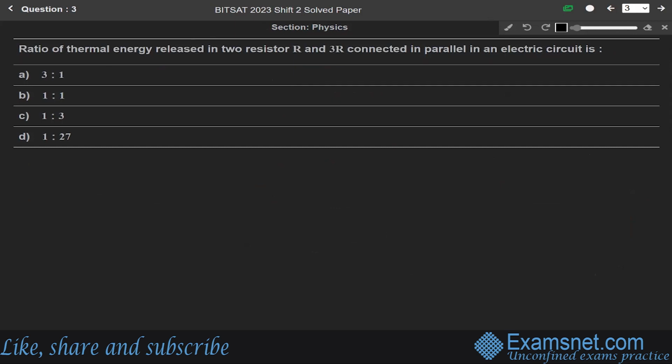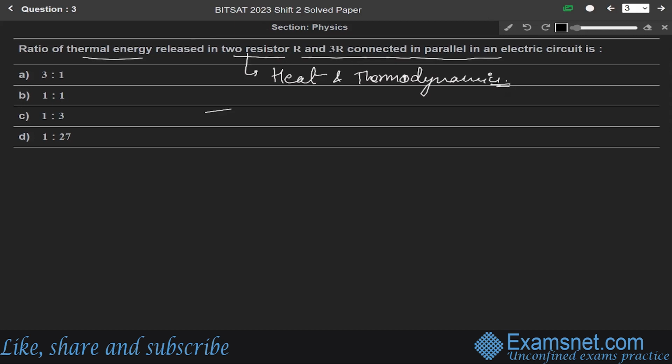The ratio of thermal energy released in two resistors R and 3R connected in parallel in an electric circuit is... So this question is from the chapter of heat and thermodynamics. In this question, we have to find the ratio of thermal energies in two resistors R and 3R connected in parallel in an electric circuit.